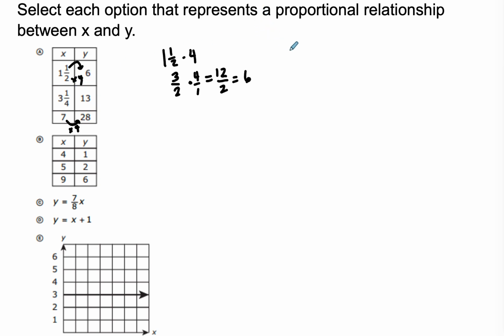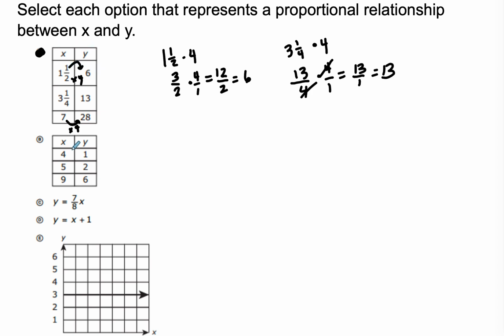Let's check with 3 and 1/4. 3 1/4 times 4. So 13 fourths times 4 over 1. Okay, let's see. These guys cross cancel, gives me 13 over 1, which is the same thing as 13. Okay, so this one works. Our constant on this one is times 4.